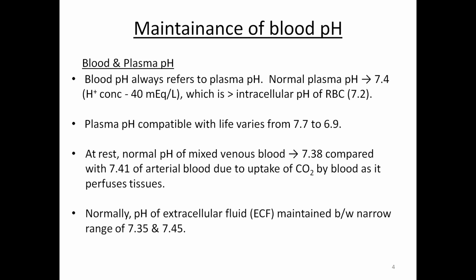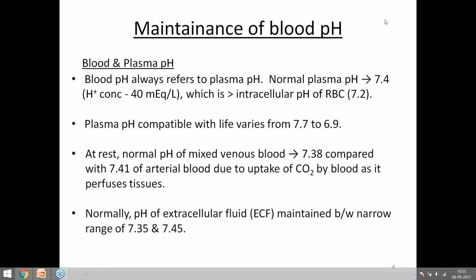Now, about maintenance of blood pH. Whenever we refer to the term blood pH, we always mean the plasma pH. Okay, so the normal plasma pH is 7.4.